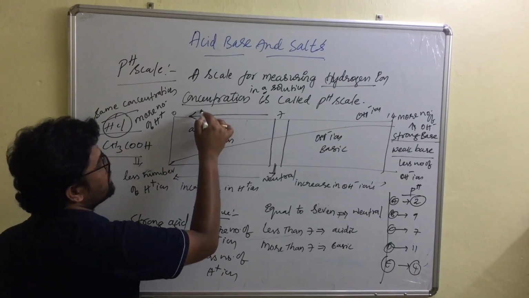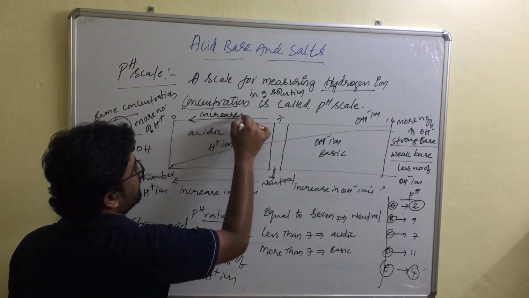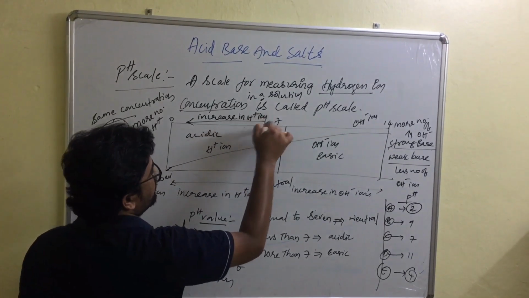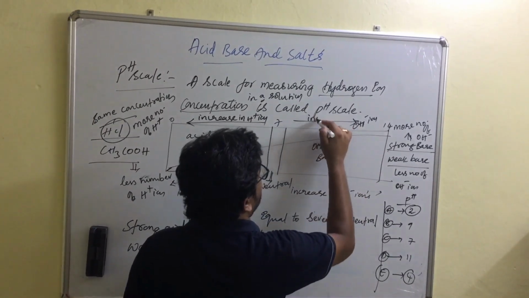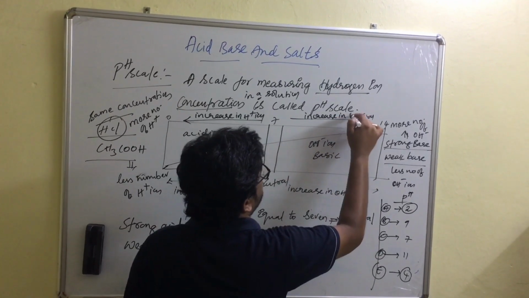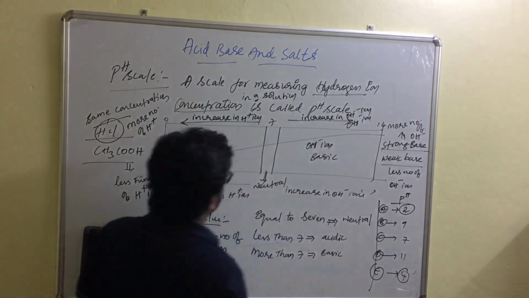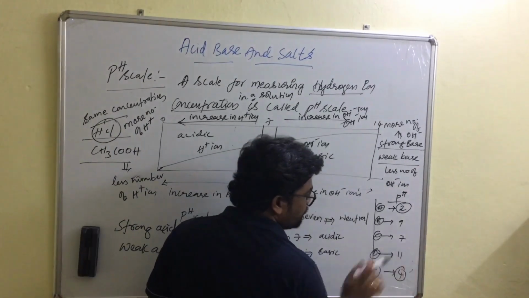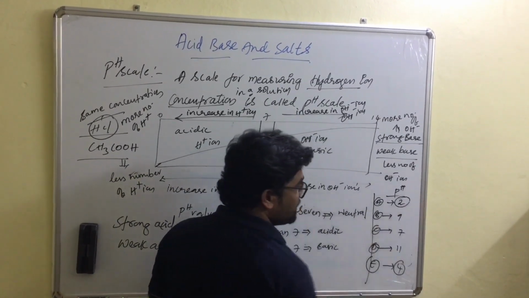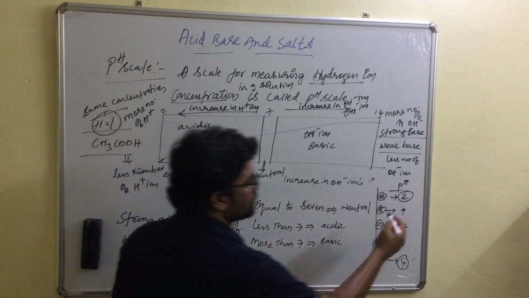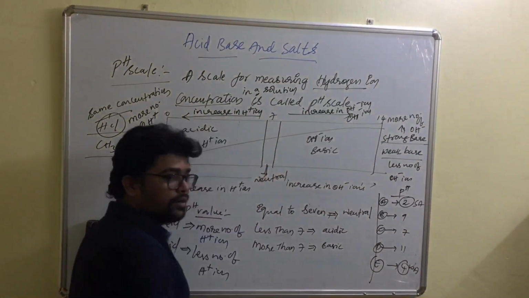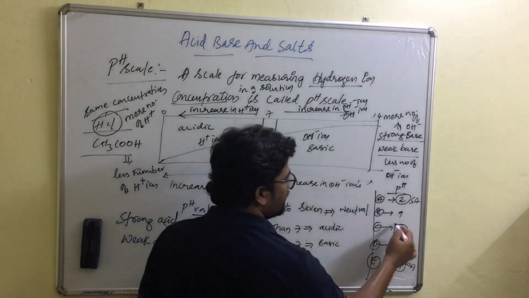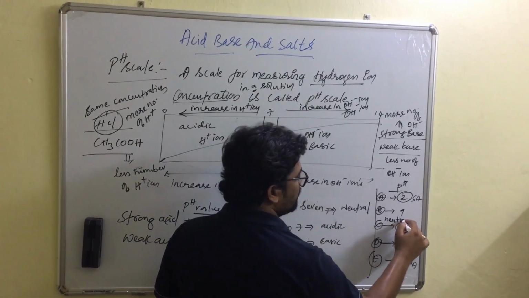On this side there is an increase in H+ ions. As the number increases, there is an increase in OH- ions. So of these two, the one with the lower number contains more H+. It is a strong acid. The other becomes a weak acid. If the number is 7, it is neutral.